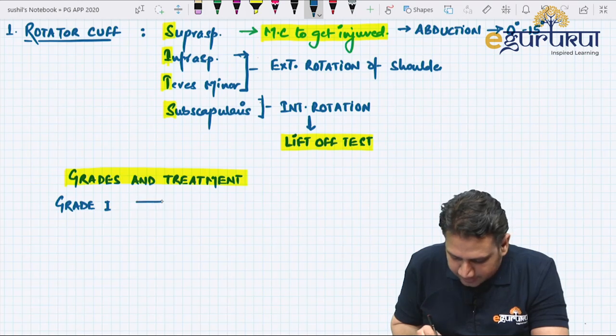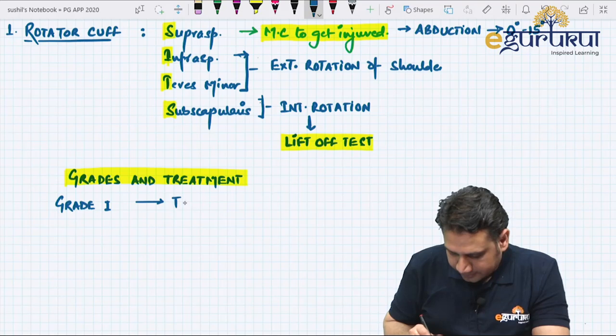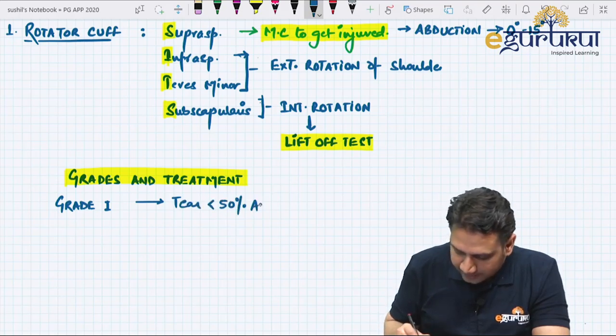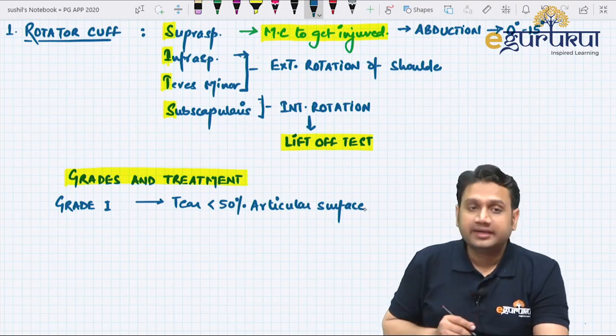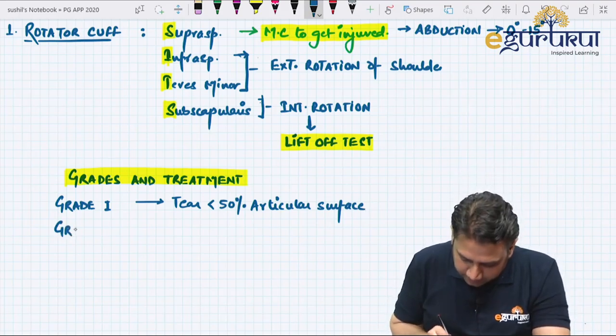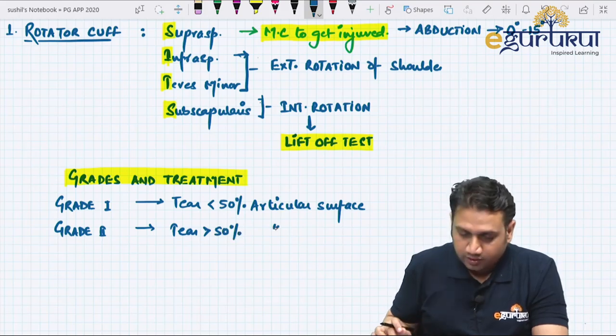Grade 1 injury is said to occur when there is a partial thickness tear which is less than 50% of the articular surface involved. Grade 2 tear is when the tear is more than 50% of the articular surface involved.